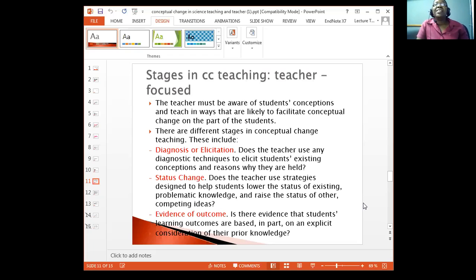So even if they have not really accepted it, they may tend to write the so-called scientifically correct answers. So that may be a sort of motivation, if you can call it that. It's not really positive, but yeah.